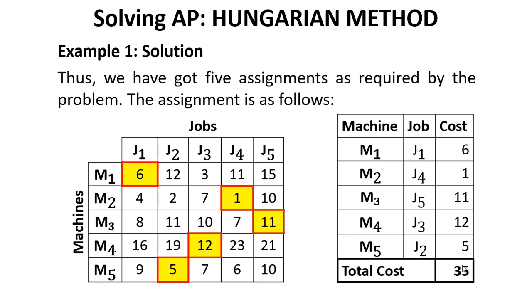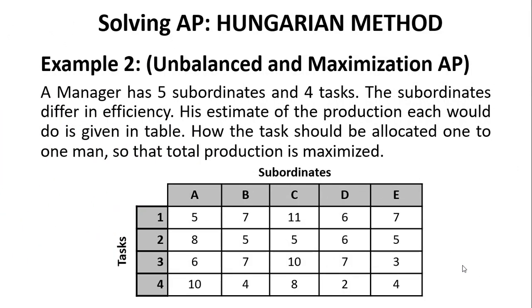So how can we solve for unbalanced at the same time it is for maximization? Now let's look at this example where a manager has 5 subordinates and 4 tasks. The subordinates differ in efficiency. His estimate of the production each would do is given in the table.